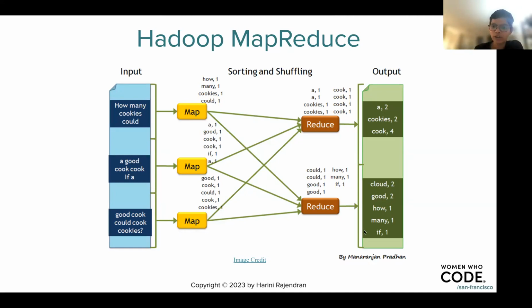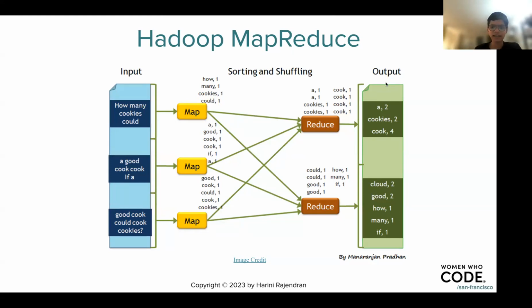So at the end of it, we have the result that we want, which is each word and its occurrence. Here we have taken a simple example, but you can extend it to a multiple-petabyte file with thousands of mappers and hundreds of reducers doing the same thing. At the end we get the word count that we want.